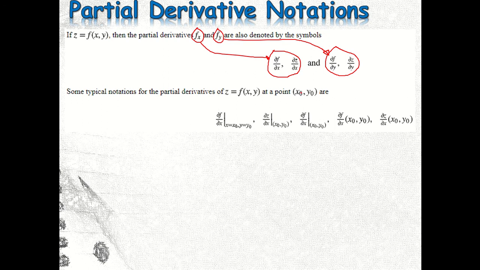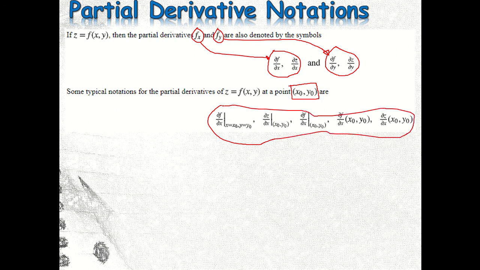We are given a specific point here, coordinates x sub 0, y sub 0. So this notation has the same meaning as this one at a specific point, x sub 0, y sub 0.